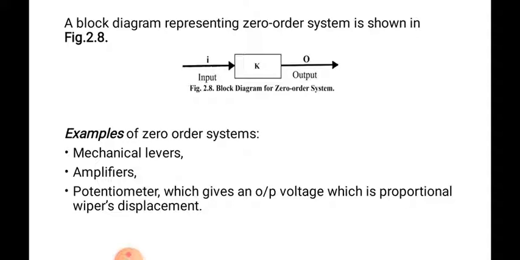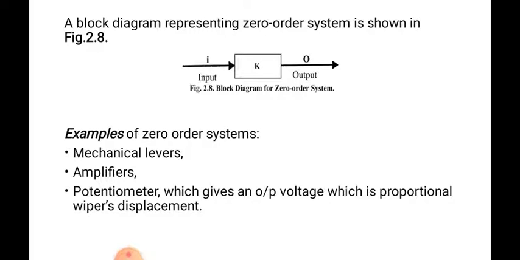Examples of zero order systems are mechanical levers, used in lifting and assembly mechanisms; amplifiers, which you have observed as sound amplification devices; and potentiometers, which give an output voltage proportional to wiper displacement.